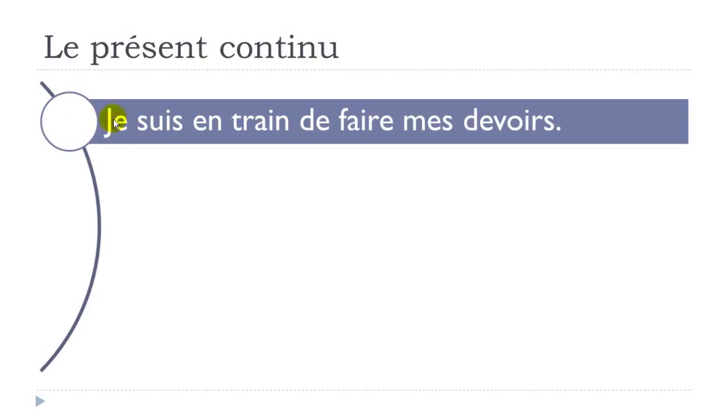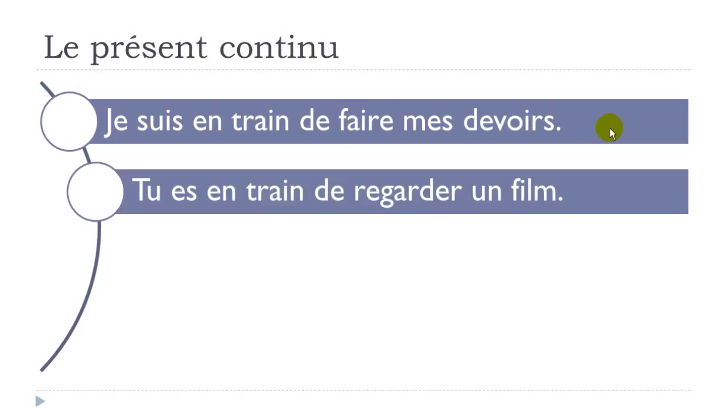So, je suis en train de faire mes devoirs. All right. Second example that we've got. So same thing here. Tu es en train de regarder un film. Okay. So same thing. Regarder or to watch un film, a movie. So the action is taking place, and of course it continues if you use this en train de.